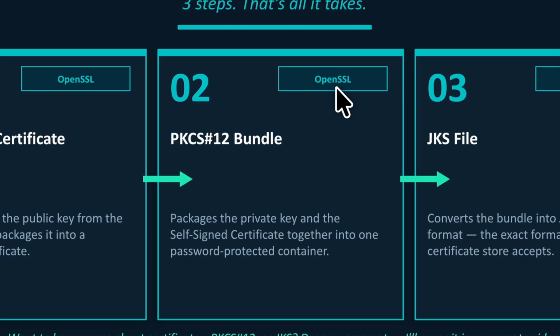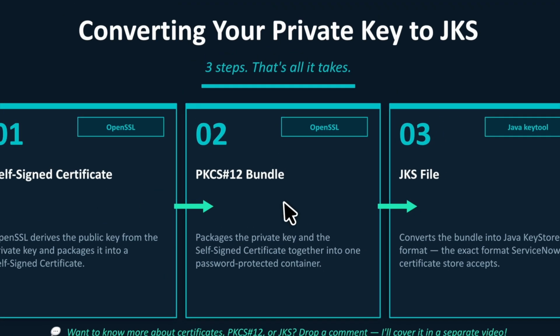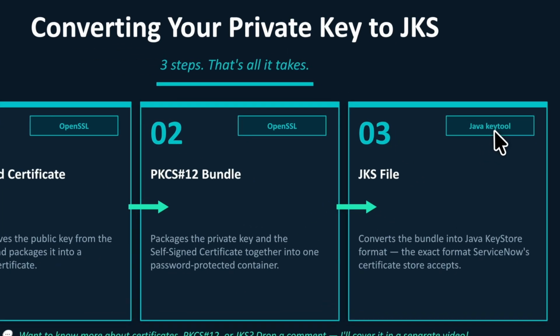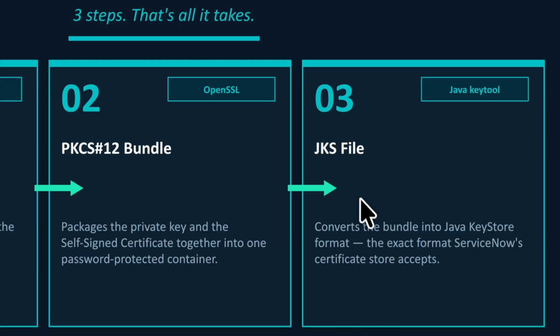We will use OpenSSL again to package the private key and the self-signed certificate created in step 1 together into one password protected container. In step 3, we will use Java keytool to convert the PKCS bundle into the Java KeyStore format, the exact format that is needed for ServiceNow.